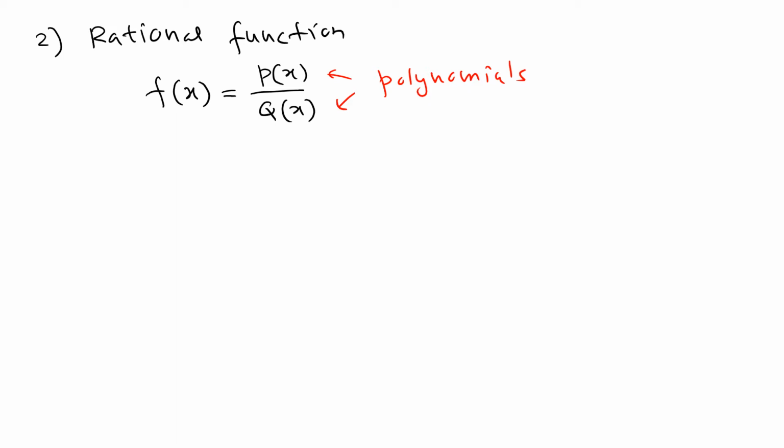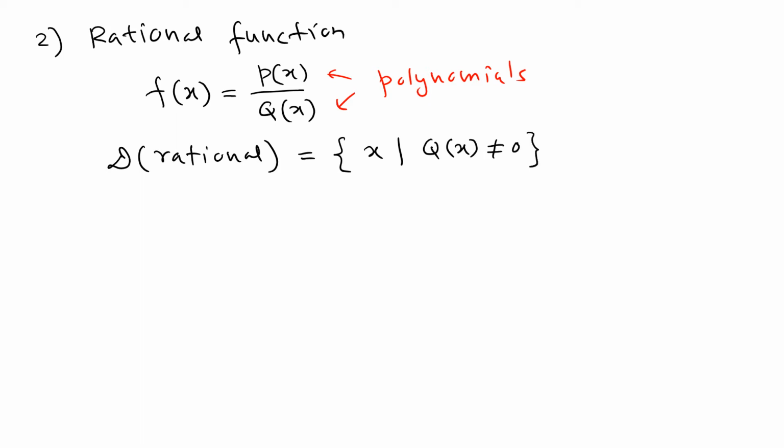So if it is a rational function, to avoid division by 0, what we need to avoid is just the x for which the bottom function equals 0. We can remove all these values.